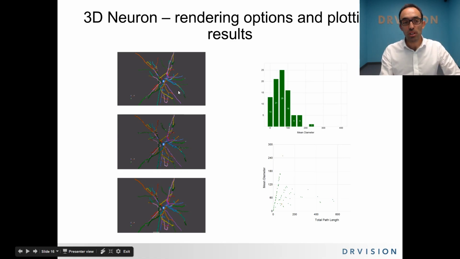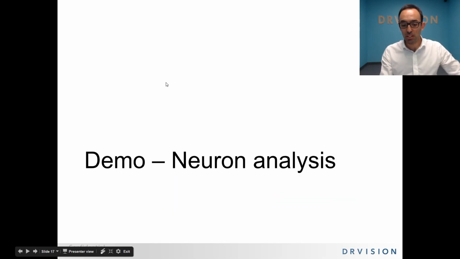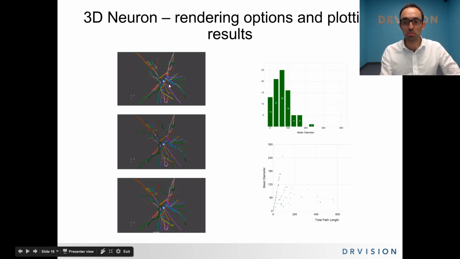In terms of rendering, or visualization of the results, we do have 3 modes, which may not be very apparent. This was a video, but unfortunately it's not showing right now. We do have 3 modes. One of them is a surface rendered mode to visualize the dendrites.